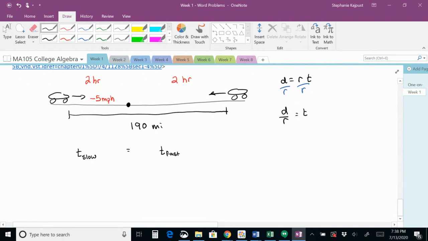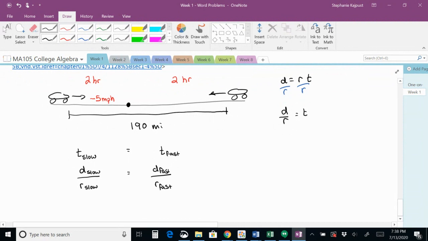But we don't know the distances and we don't exactly know the rates. So here's where things are going to get a little tricky if you try to set these equal to each other. First we've got the distance of the slow car and the rate of the slow car. Then we've got the distance of the fast car and the rate of the fast car.